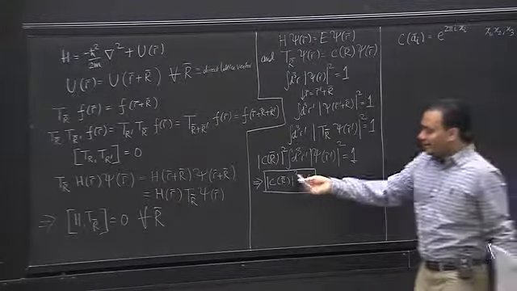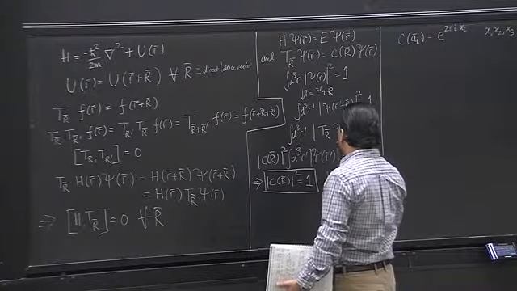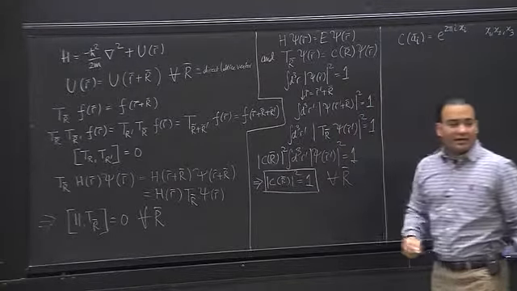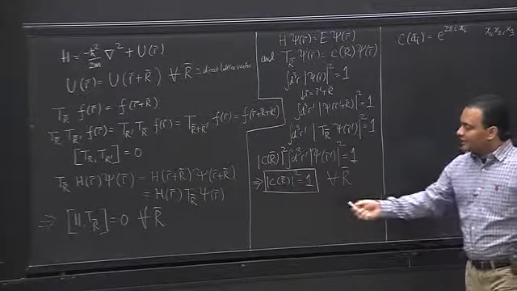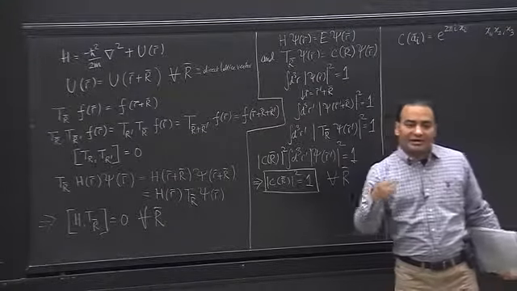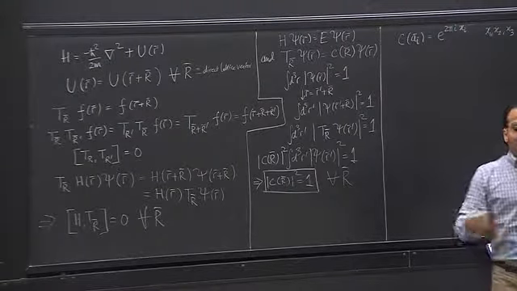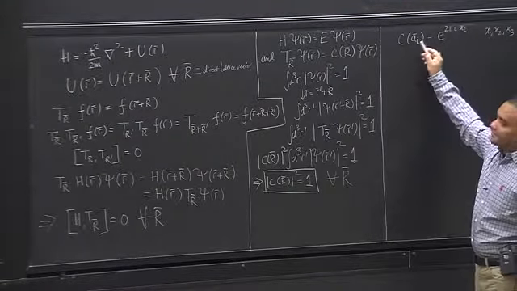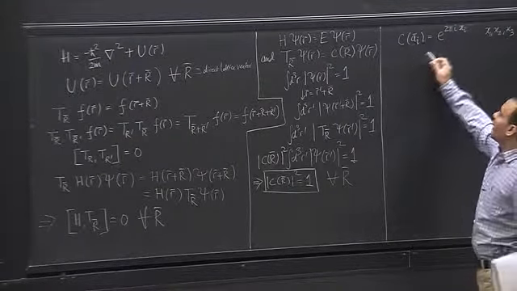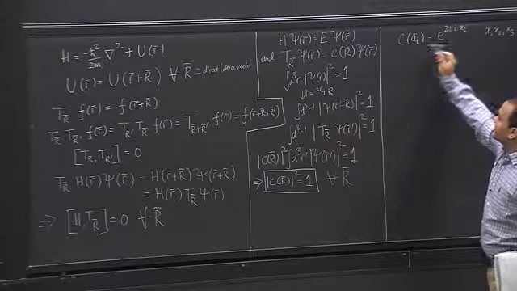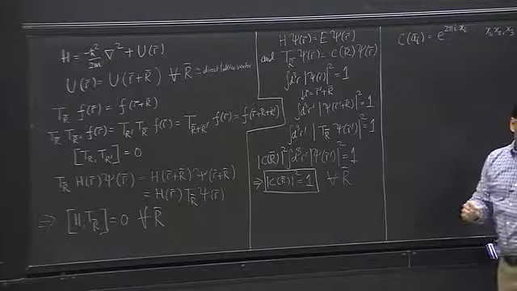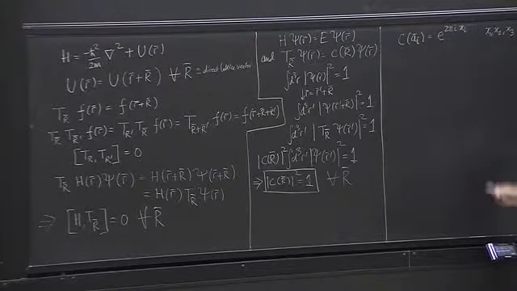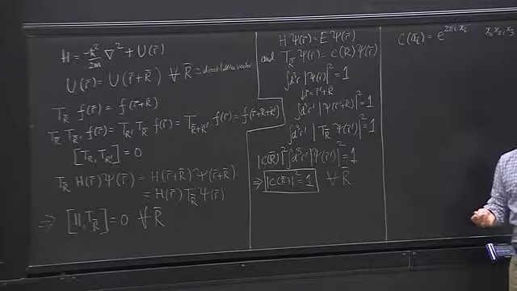Keep in mind that this must be true for all R, and now I'm taking the special case where R is a direct lattice vector a_i. For these special cases, I can write C of a_i as e to the power 2 pi i x_i, where the x_i are some real numbers.